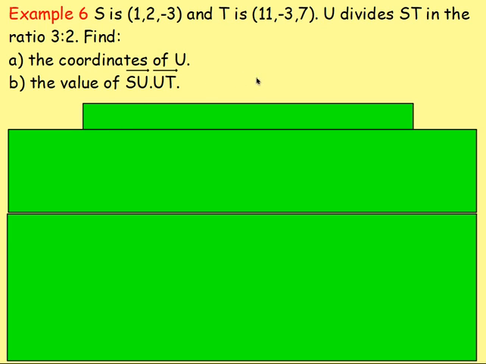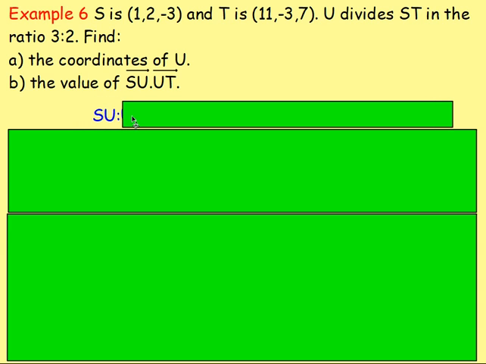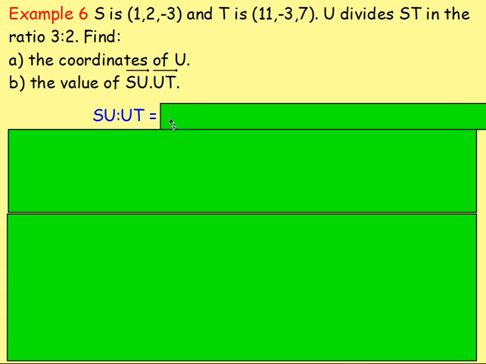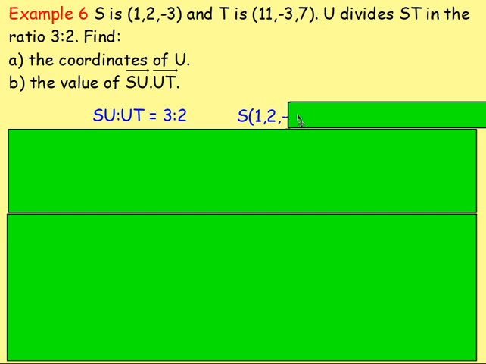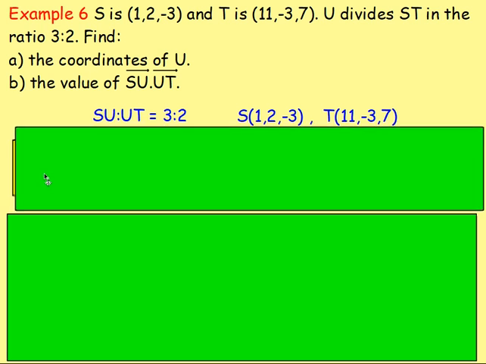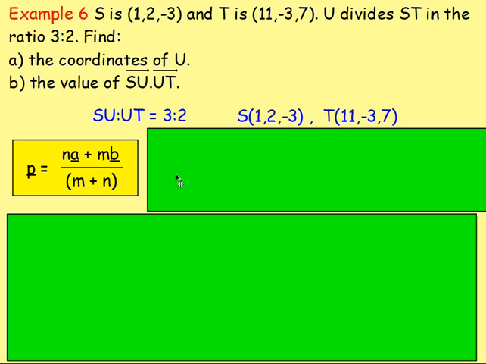So you're going to have a line, you're going to have S and T at the ends, and U is going to be somewhere in between. So you know from S to U, and then from U to T, that would be the ratio 3 to 2. We also know the coordinates of S, and we know the coordinates of T, so I'm thinking about everything I know. From there, if a point does divide a line into a given ratio, you're thinking about the section formula.